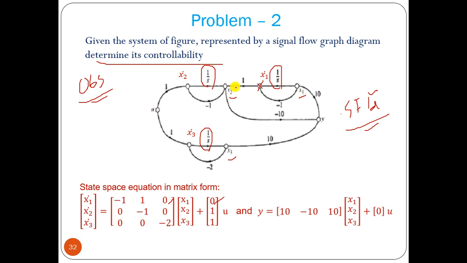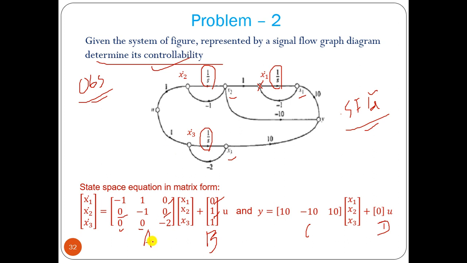Then x2 dot equal to, from x1 it is not connected, so 0, minus x2, x3 not connected, so 0, input is connected 1. x3 dot, x1 not connected, x2 not connected, so 0 0, x3 minus 2, and input is 1. Output y is from x1 1, from x2 minus 1, x3 1. Input is not connected, so 0. So we got the A B C D matrices.